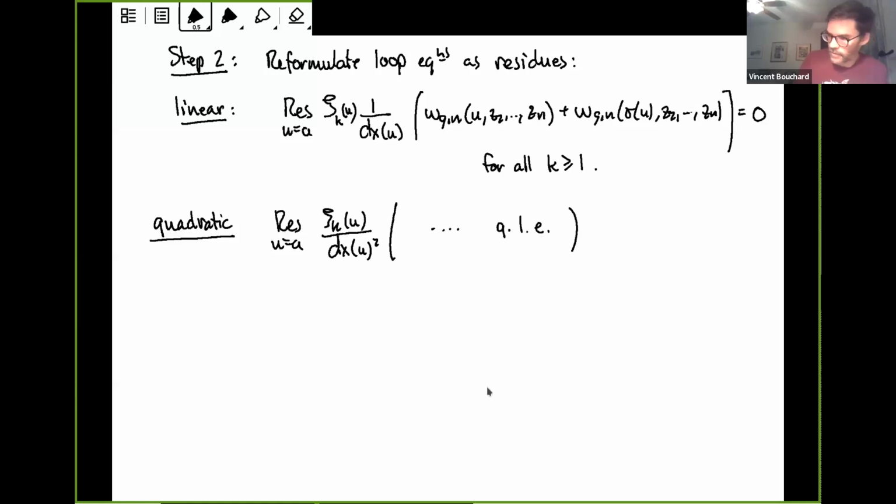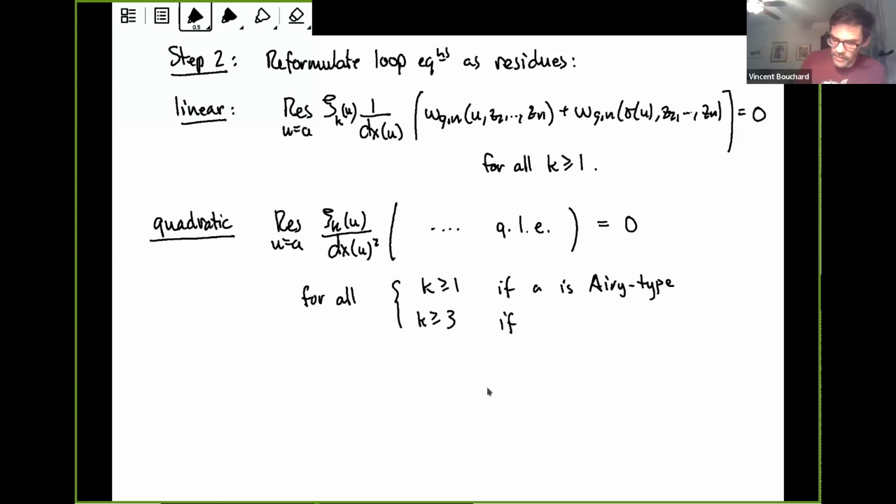The statement is that this is equal to 0, and this is true for all k greater or equal to 1 if A is a regular point, because the statement was that this object was holomorphic. But for Bessel type, it can have a pole of order at most 2, so these are 0 only for k greater or equal to 3. That's just a direct translation of the loop equation, another way of formulating loop equations.